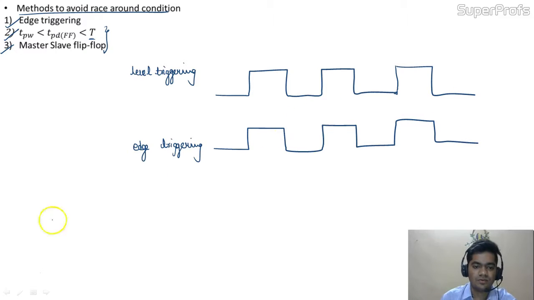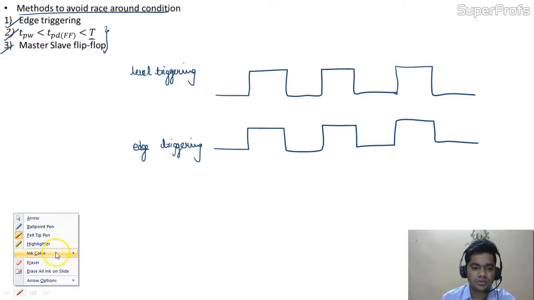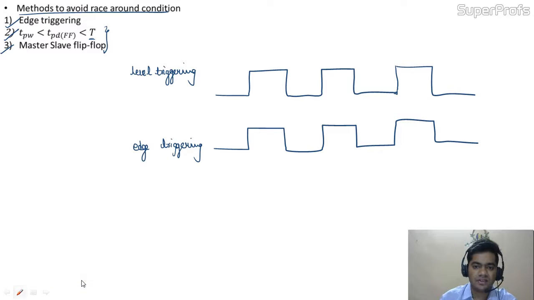In level triggering, we are triggering the flip-flop at these levels. As the level or the activation is present for a good amount of time, there is a possibility of a race around condition.